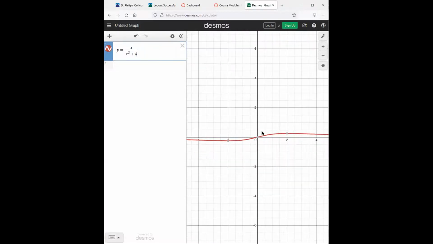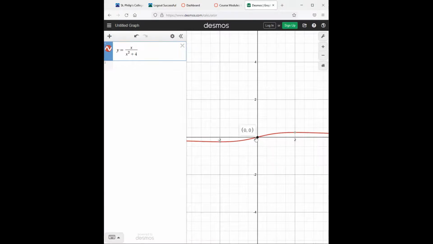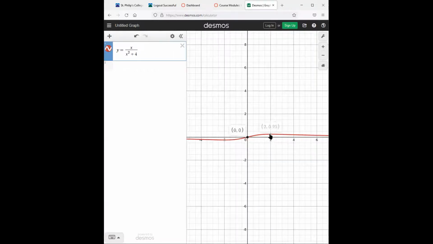Yeah, looks like it, right? We have our intercept, our maximum right here. Yeah, looks like it.